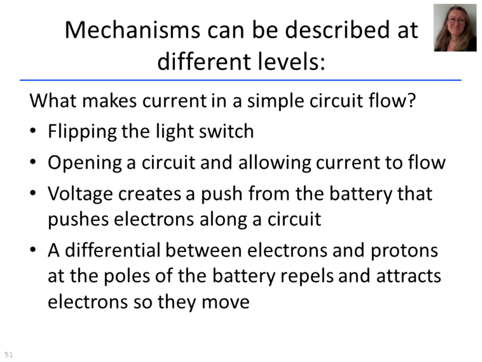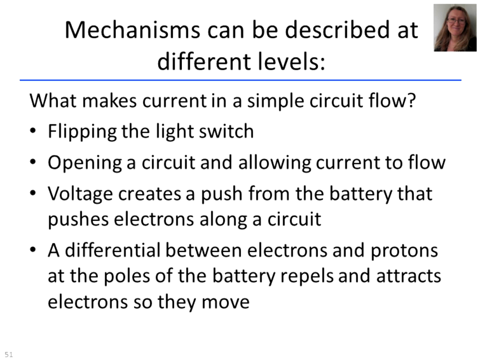It could be that it's opening a circuit and allowing current to flow. You might explain the mechanism in terms of voltage creating a push from the battery, and that pushes electrons along a circuit. Another mechanism that you might use to explain it at a different level might be the differential between electrons and protons at the poles of the battery repelling and attracting electrons so that they move.